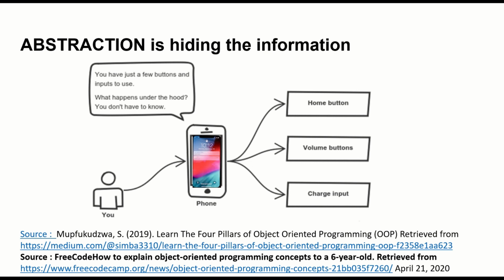It should only reveal operations relevant to other objects. In this example, if you are using a phone, typically you can only view some features like the home button, volume button, and charge input. The other implementation details are hidden from the user.